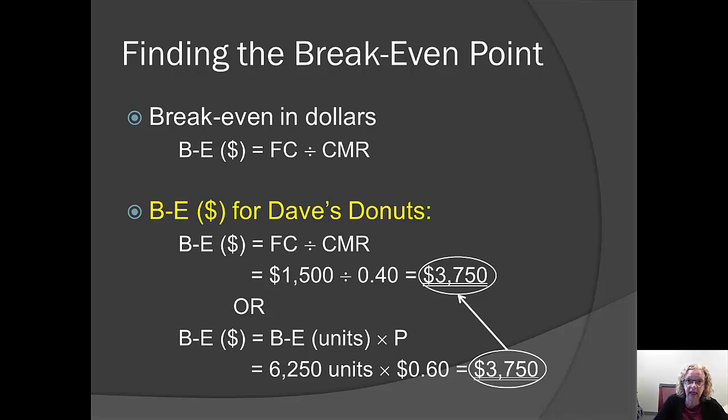And what that number is telling us is that if we sell enough units to generate $3,750 worth of sales revenue, that will be just enough to cover all of the variable costs for each unit and give us $1,500 left over that we can use to cover our fixed costs.